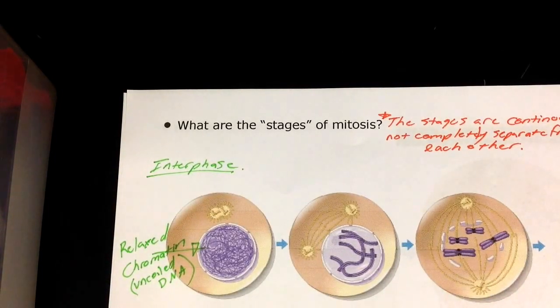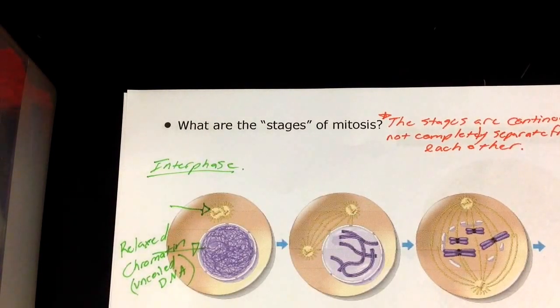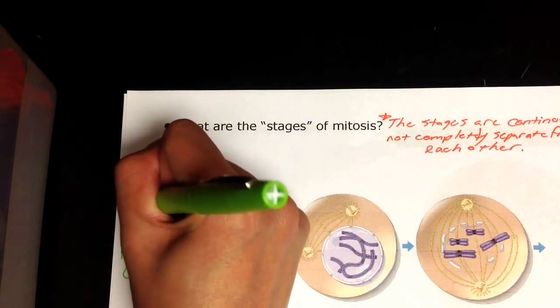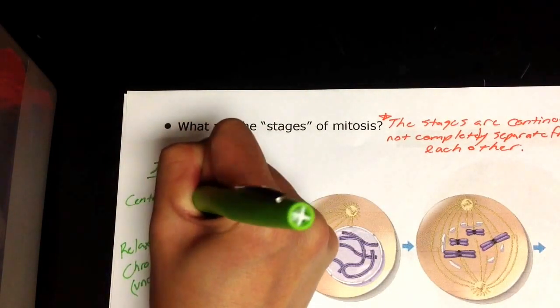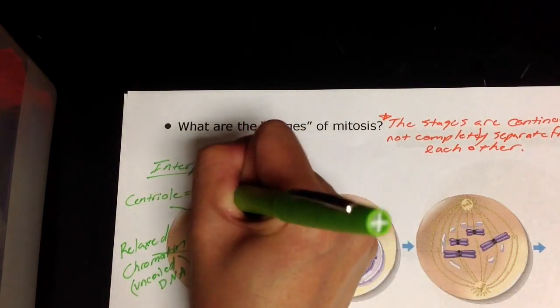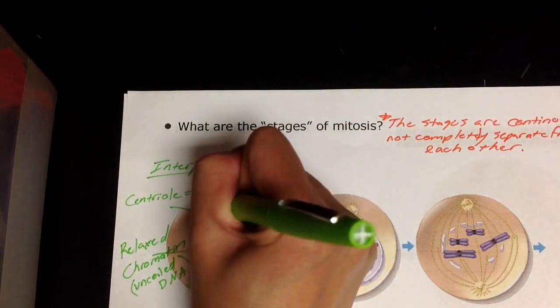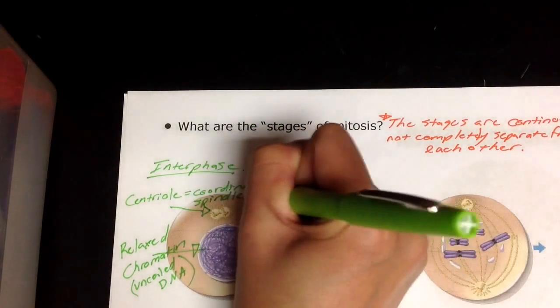You're also going to be able to see that we do have another structure inside the cell called the centriole. And the centriole is going to coordinate spindle fibers.